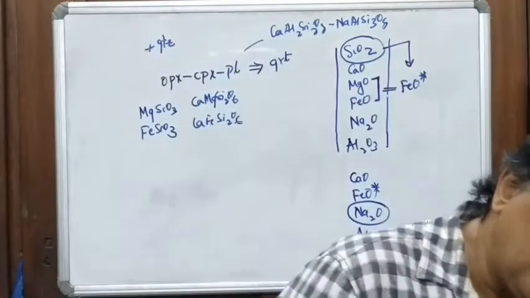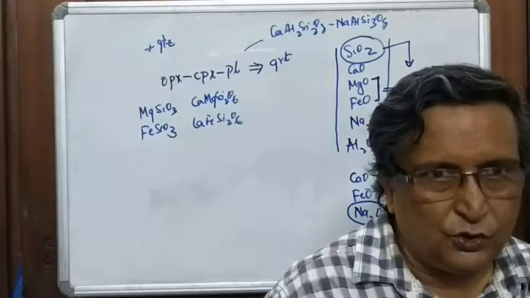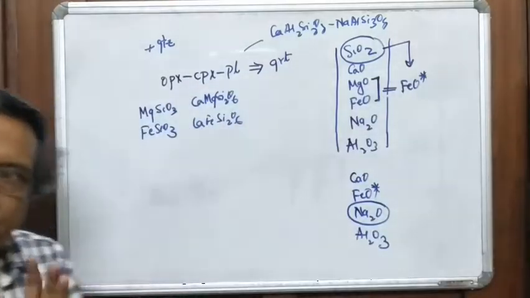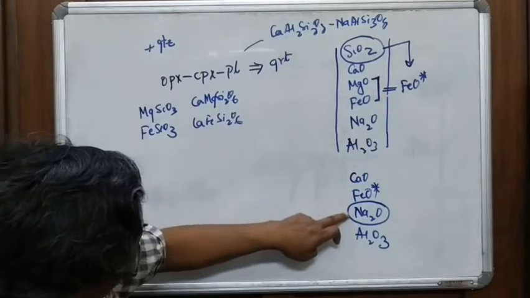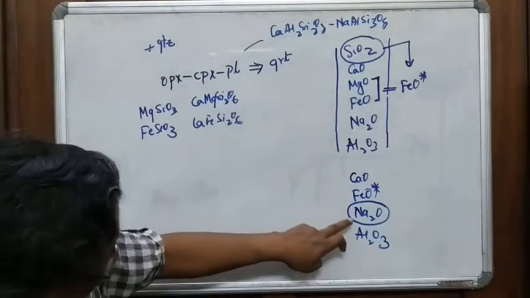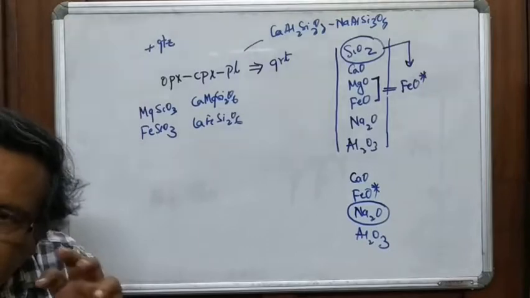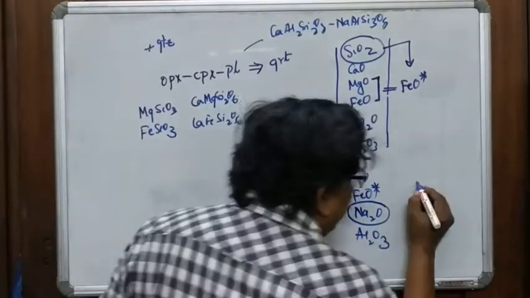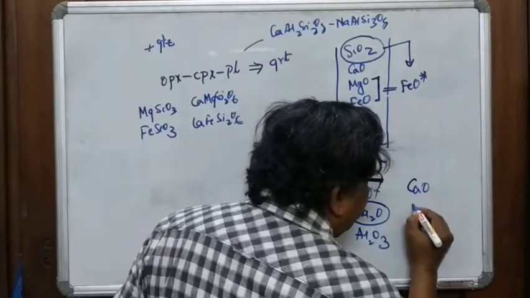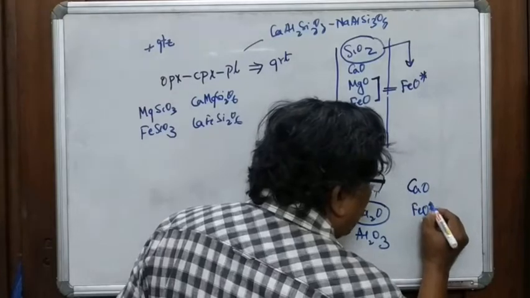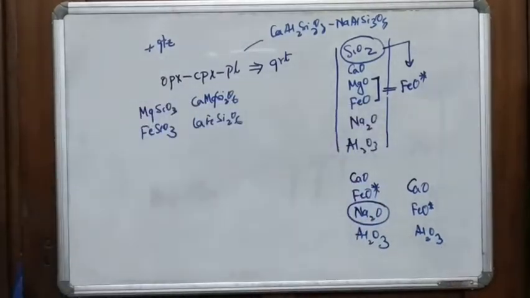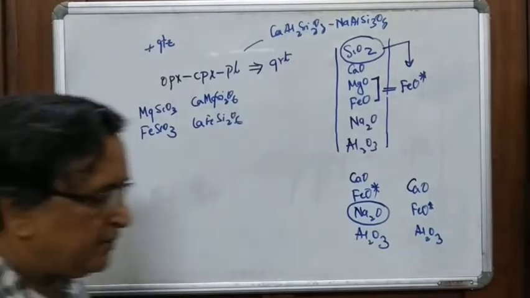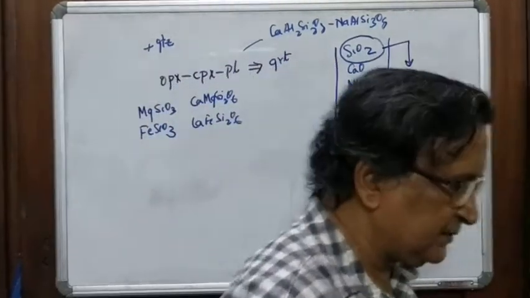Na2O also occurs in clinopyroxene, as we will see soon, but that will be slightly more complicated. So what we have is CaO, FeO, Na2O, Al2O3. If we omit Na2O because it's only there in plagioclase, you have CaO, FeO star and Al2O3. So this becomes a 3-component system which is easy to visualize.